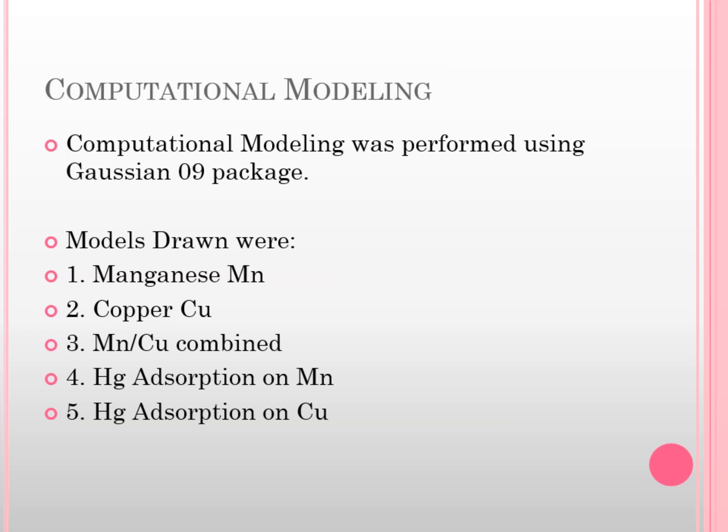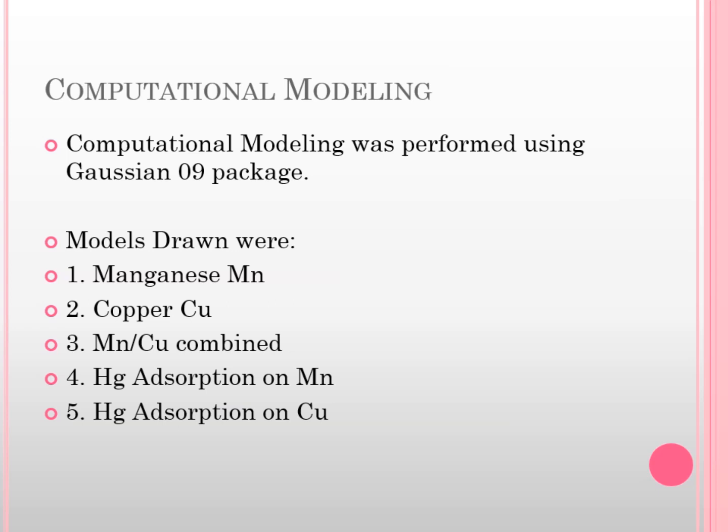Number two, the copper structure was drawn separately. And number three, the combined structure of manganese and copper was drawn. And after that, the mercury adsorption, meaning the interaction of mercury, was also studied by computational models.